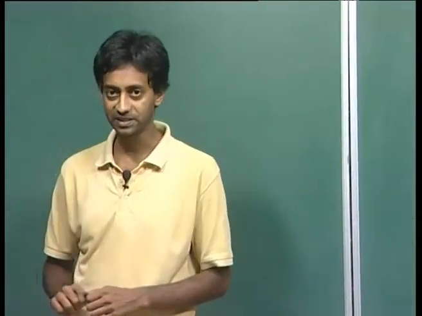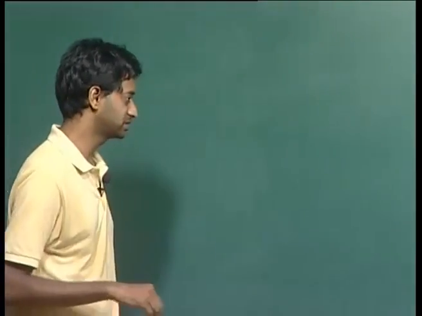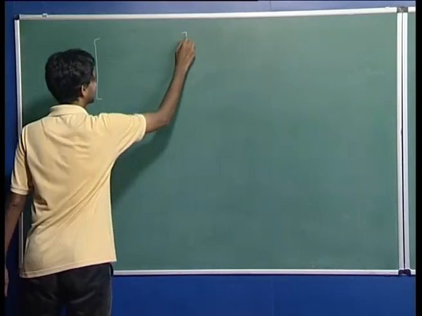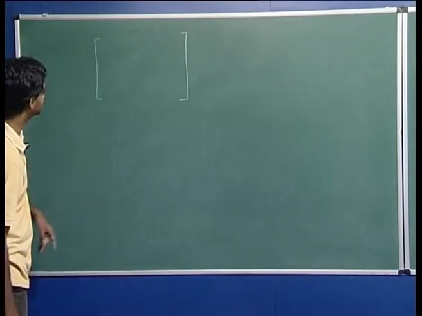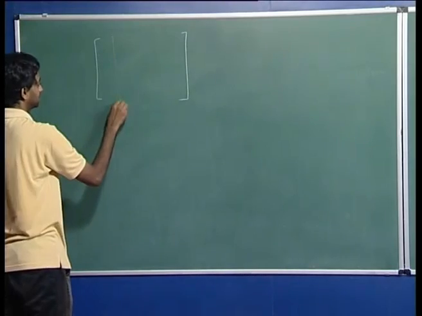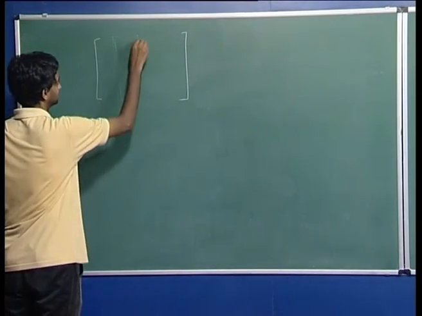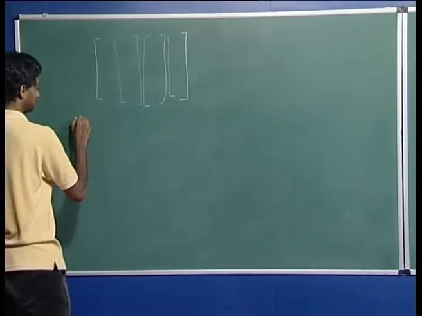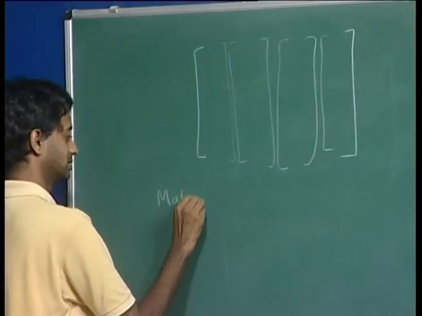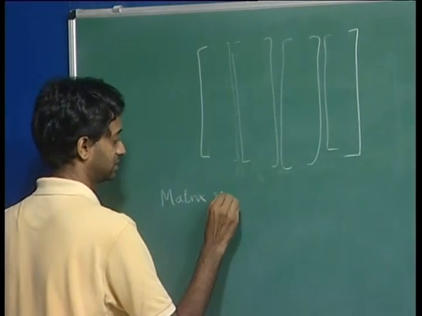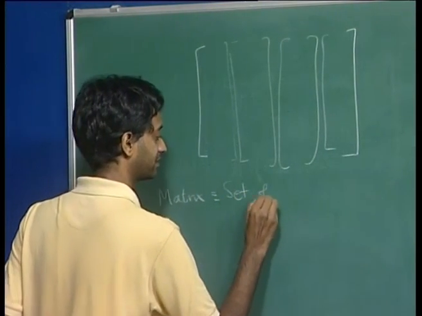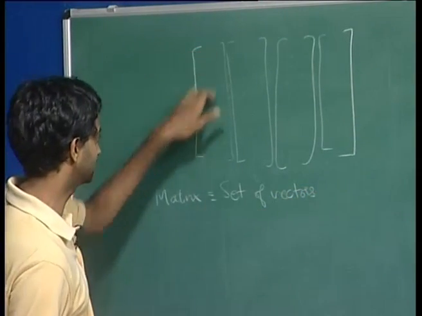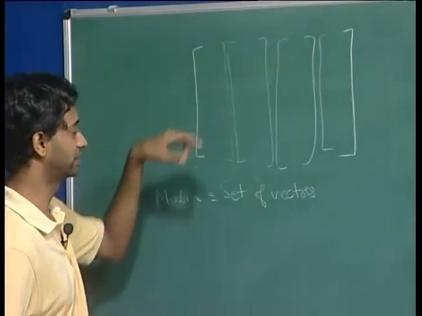Before we define the rank of a matrix, let us mention one thing in brief: another way of looking at a matrix is to think of a matrix as a set of vectors, and these vectors can be either column vectors or row vectors.